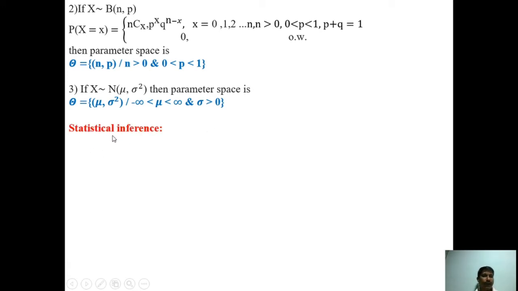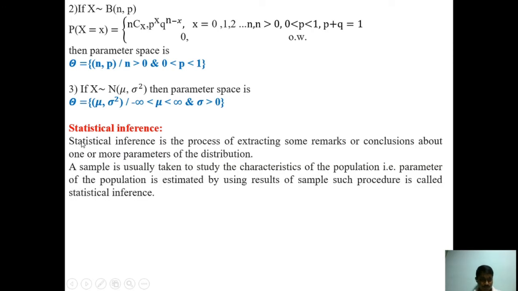Let us see the next definition, statistical inference. Okay. The description is: statistical inference is the process of extracting some remarks or conclusions about one or more parameters of the distribution.